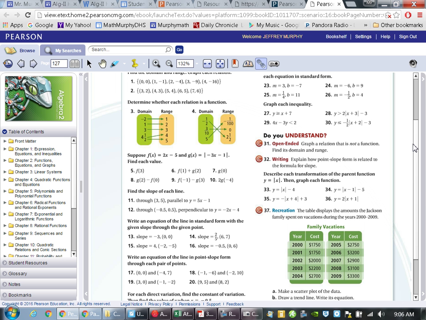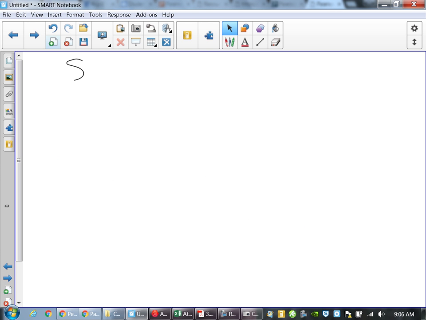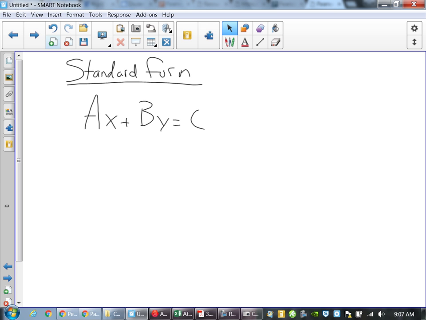Let's do this then. Oh, there's also standard form. Forgot about that one. You guys remember what standard form was? You don't use it a whole bunch. It was ax plus by equals c, isn't that it?